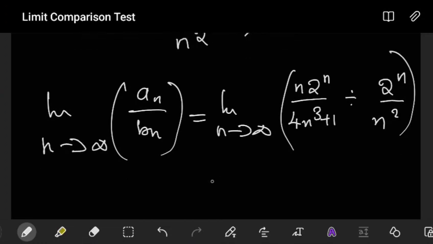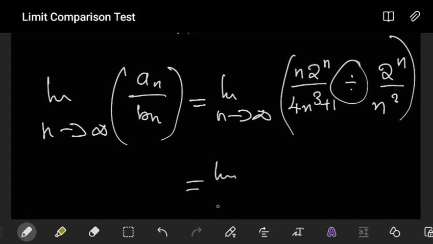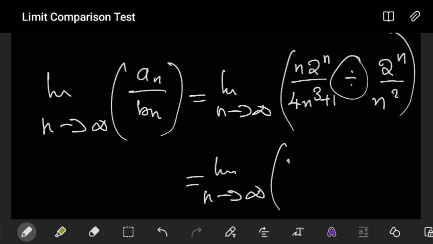Of course, we're just going to multiply these expressions. So here, let's see what will happen. Before we do that, sorry for that, we first have to change this from division to multiplication. So this is the limit as n approaches infinity, and then this becomes n times 2 to the power n over 4n to the power 3 plus 1.